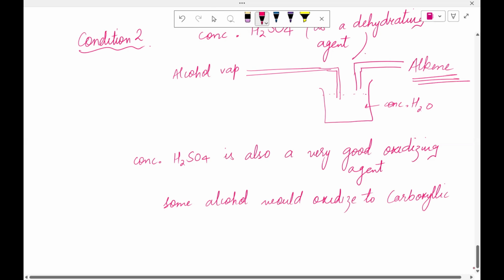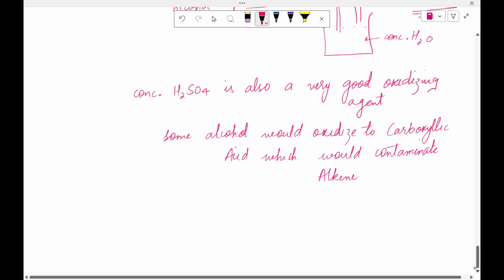So some alcohol would oxidize to carboxylic acid, which would contaminate the alkene.